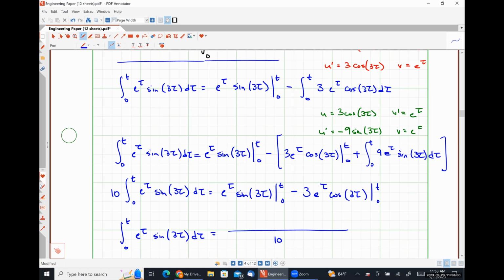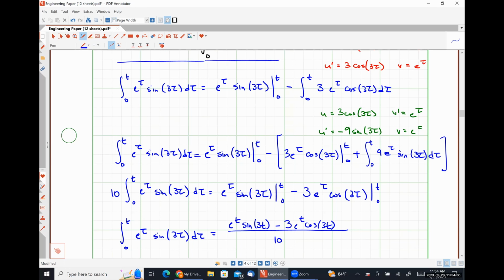When we substitute in t for τ here, that's easy. So that's going to look like e^t sin 3t. What happens when I substitute in 0? It's going to go away because sine of 0 is 0. Now we're going to take the second bit here. Substituting in t is easy: -3 e^t cos 3t.